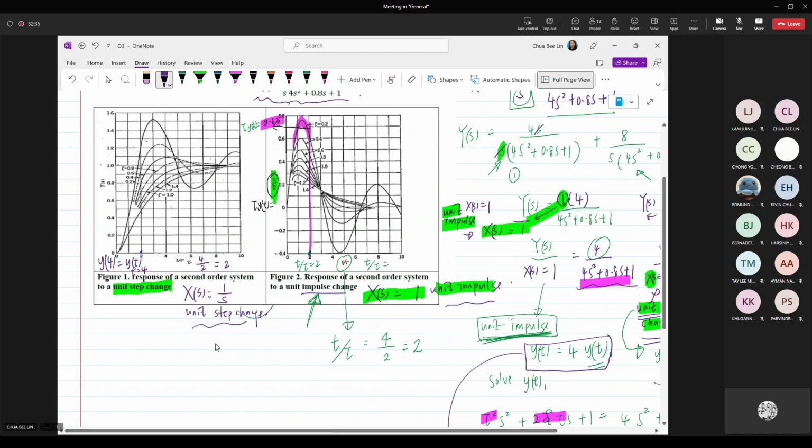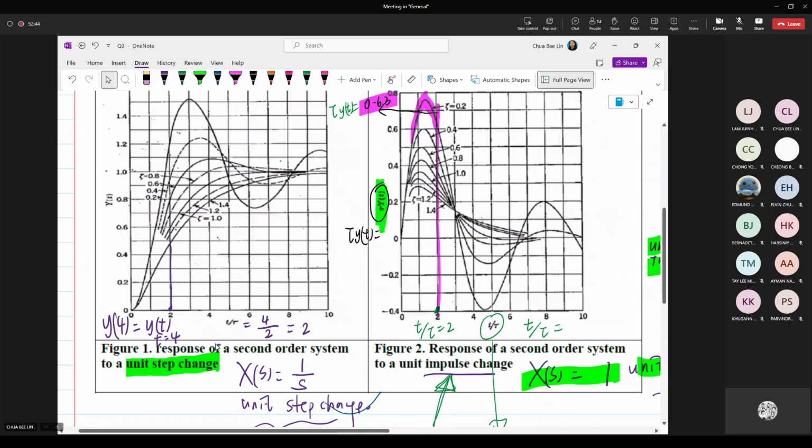Go up. And your damping factor just now you have calculated as 0.2. So 0.2 is this, right? So you will go to the top, then you go here. Here your YT, using the graph paper, you will get the answer 1.2. So this is your YT2, 1.2.